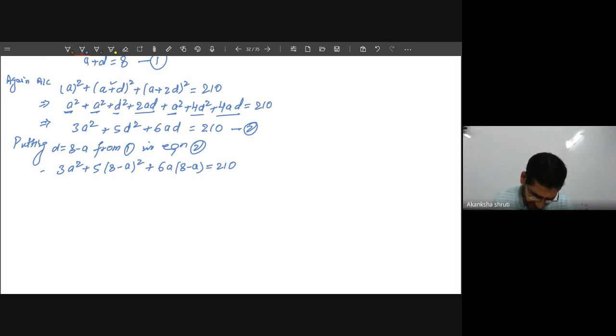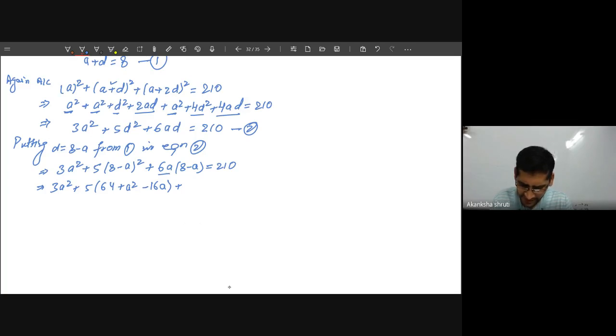See, substituting, we are getting this one. Again we have to break the whole square for the second one. 3a square plus 5 times 64 plus a square minus 16a, a minus b whole square I have broken, plus you have to multiply this as a distributive rule.